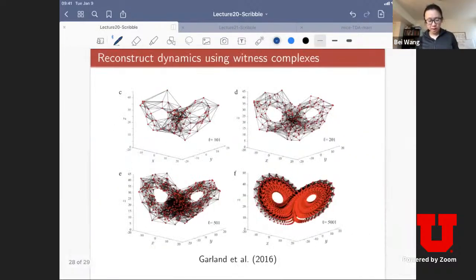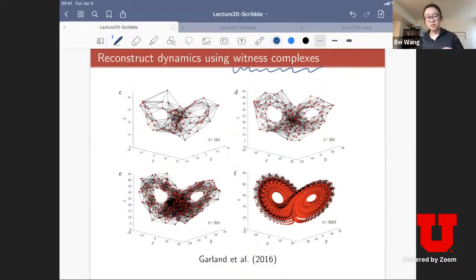There are many applications. Specifically, this is a particular type of complex that we have not talked about. We have talked about the Rips complex. We have talked about the Čech complex. And later on, we are going to talk about the Delaunay complex when we talk about protein docking. Those are just different simplicial complexes that connect points by edges, triangles, tetrahedra, and so on.